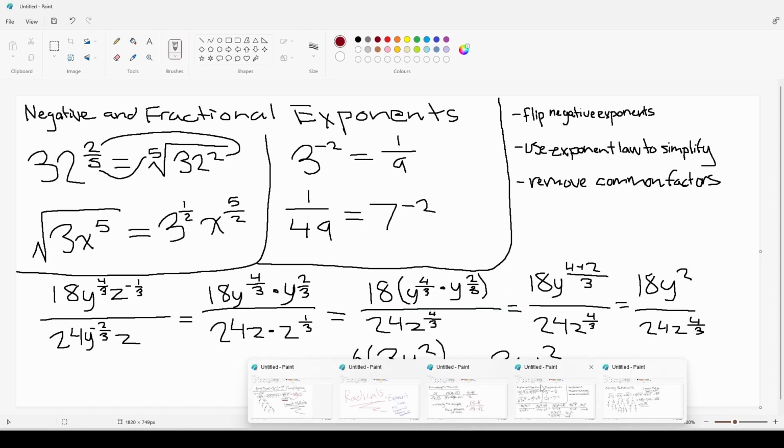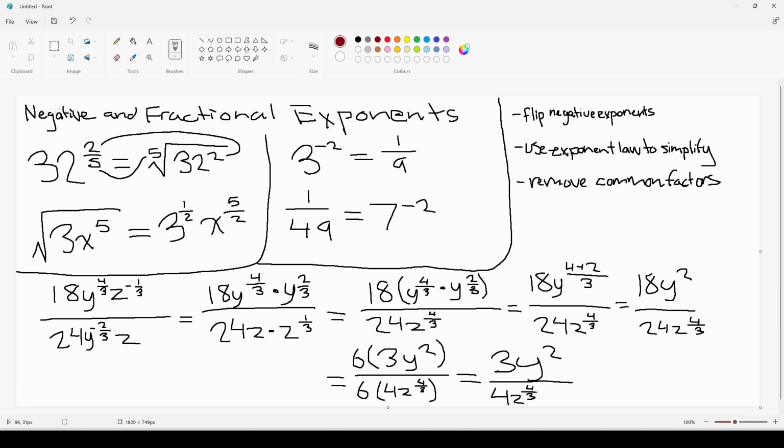And lastly, we have our negative and fractional exponents. Firstly, with the fractional exponents, the way I like to think of it is that the denominator of the exponent just goes to the root. Like, say, if this was 2 over 2, it would just be the square root of 32. And we'll get to this in a second.